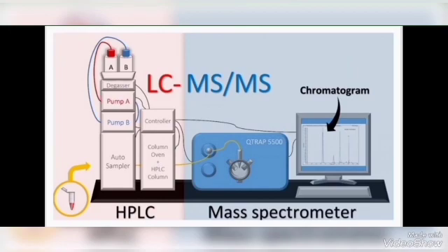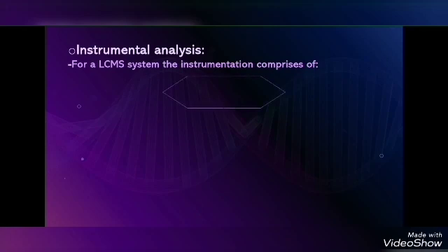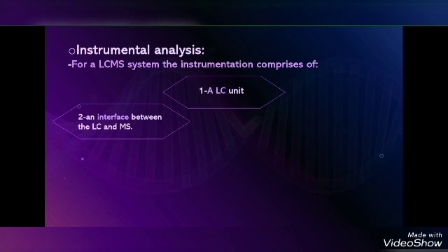An LC-MS system consists of an HPLC system and a mass spectrometer. Instrumental analysis. For an LC-MS system, the instrumentation comprises: 1. An LC unit. 2. An interface between the LC and MS. 3.